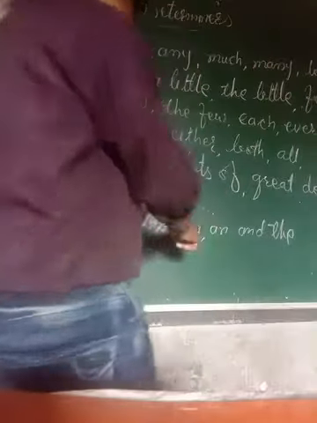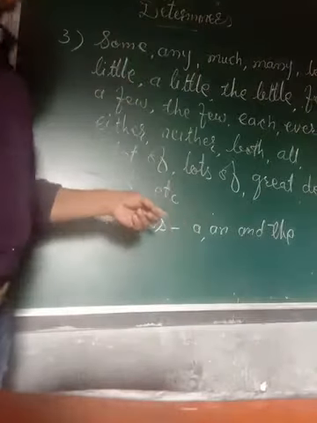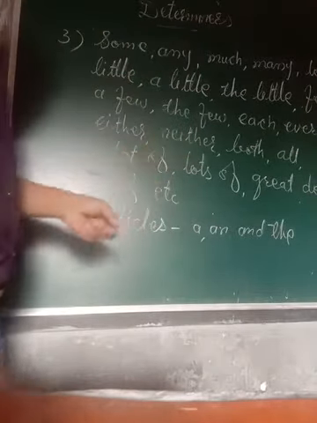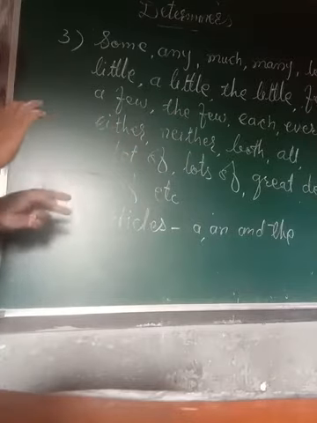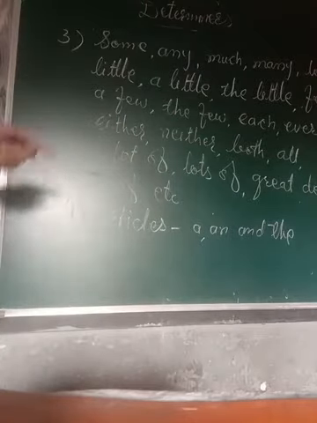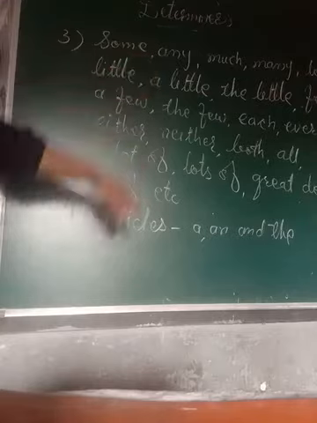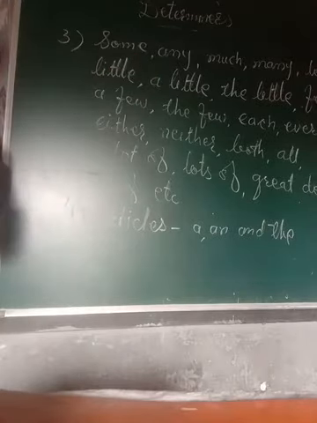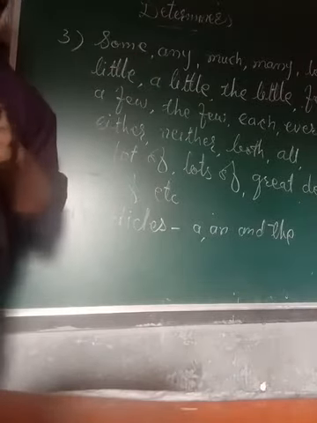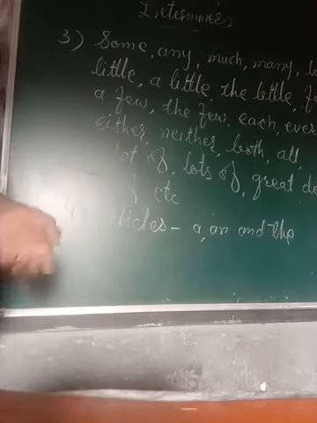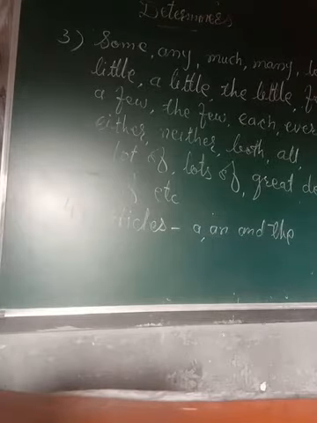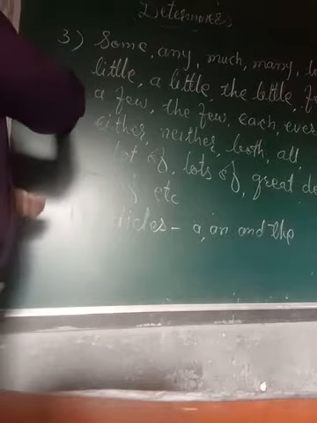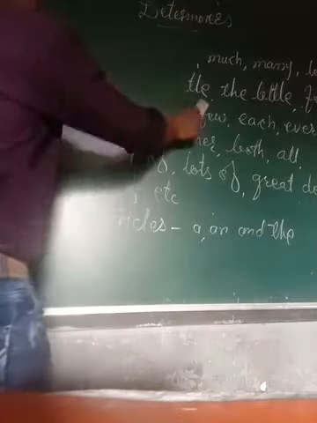A and an are indefinite articles and the is the definite article. So both the articles are also included in the determiners. They do the work of adjectives, means they qualify the nouns in the sentence. Look now how they work in the sentence. We are going to take some sentences and clear the idea, then you will get more idea.